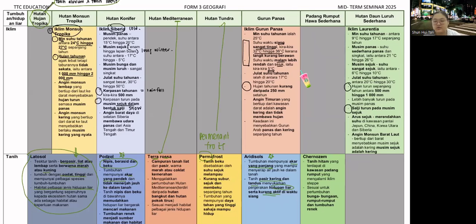Podzol, Aridisol, this one you need to memorize because it's so important. They always ask. And Latosol, you can find the one that always asks is the one with sol. Latosol, Podzol, Aridisol. All right. So yeah.